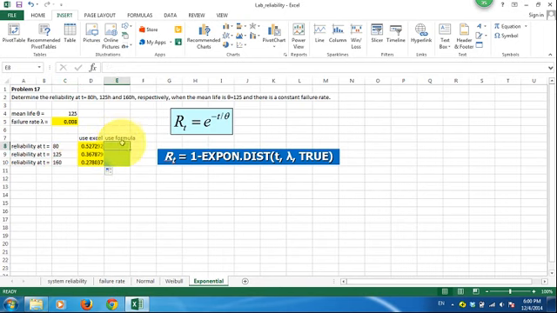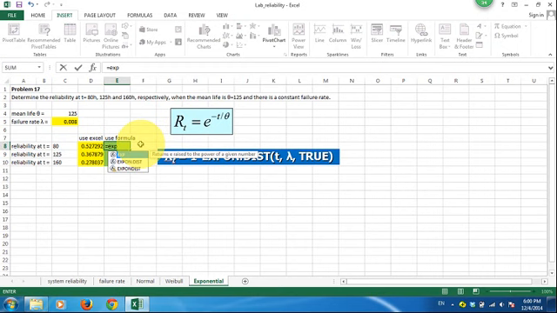Now we can also use a formula to compute. The formula in our textbook is defined as e to the power of minus t over theta. So we can use the exponential function in Excel, EXP, and in the power, that is 0 minus t over theta.